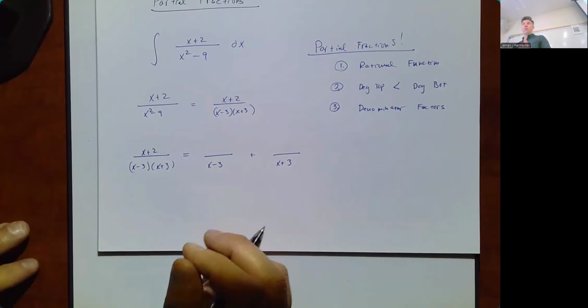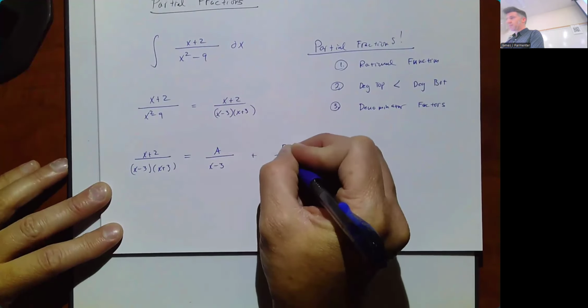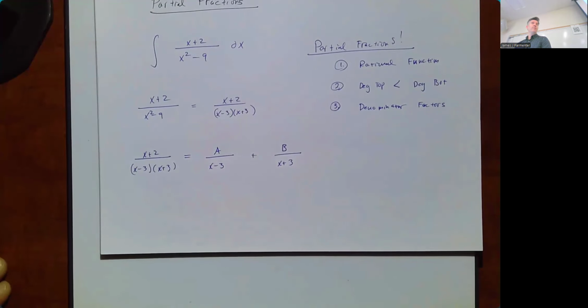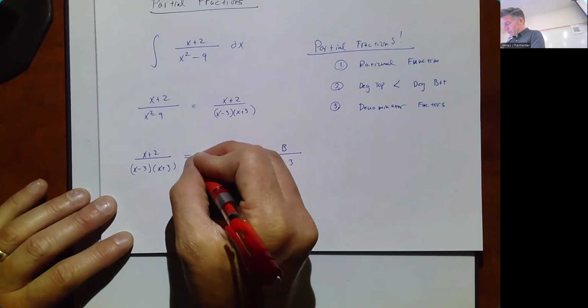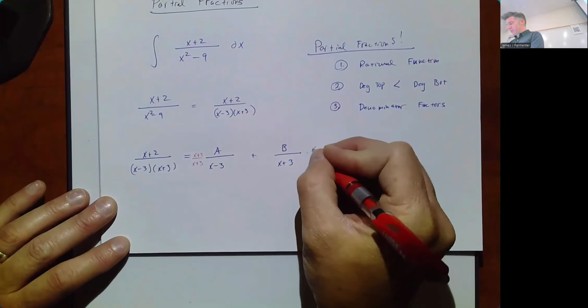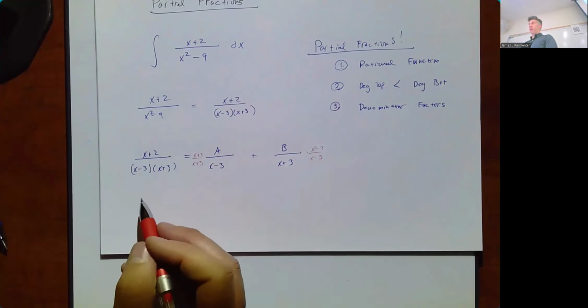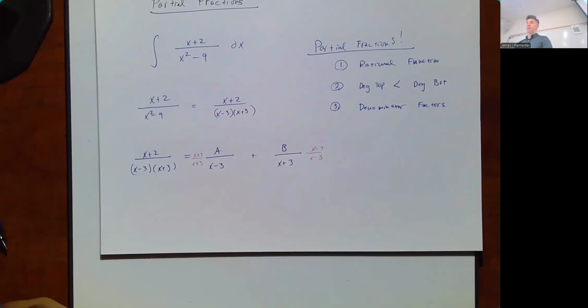And the somethings, which we don't know, we're going to call A and B, typically. The idea here is that you could multiply this first fraction by x plus 3 over x plus 3, and the second fraction by x minus 3 over x minus 3 to reconstitute the expression we have on the left-hand side, assuming that we have the right A and B values.